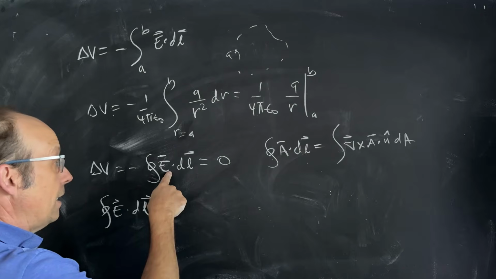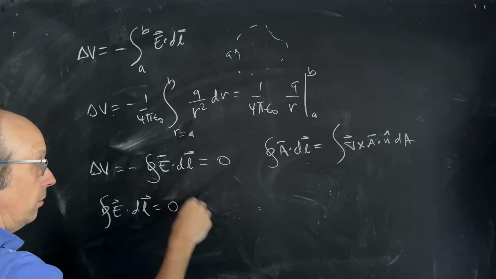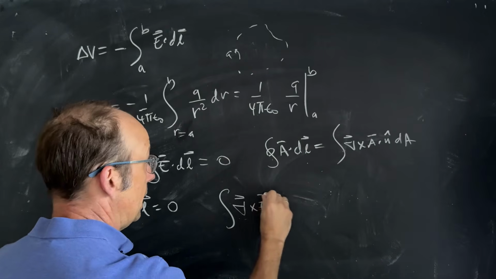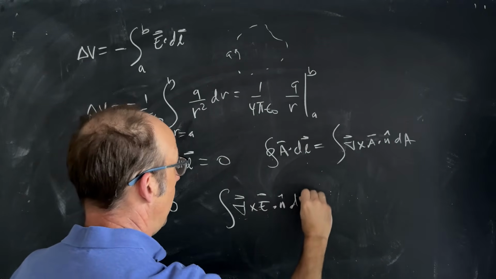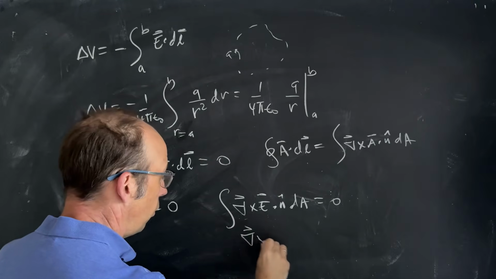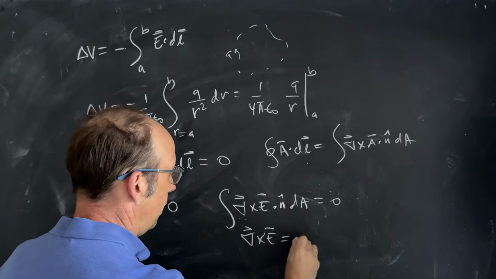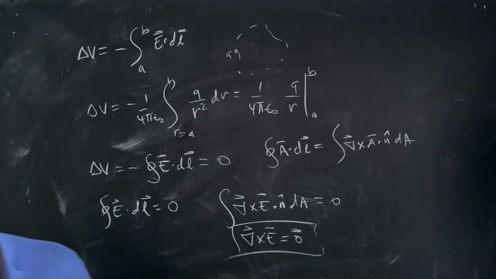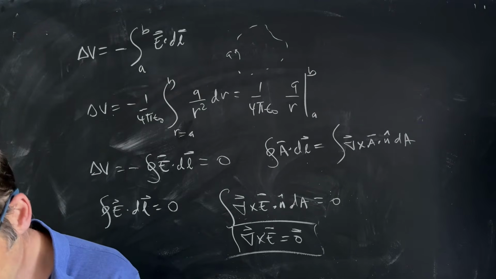So if E dot dl is equal to 0, then the integral of del cross E dot n hat dA is equal to 0. That means the curl of E, del cross E, is 0. And that's important for some other stuff later.